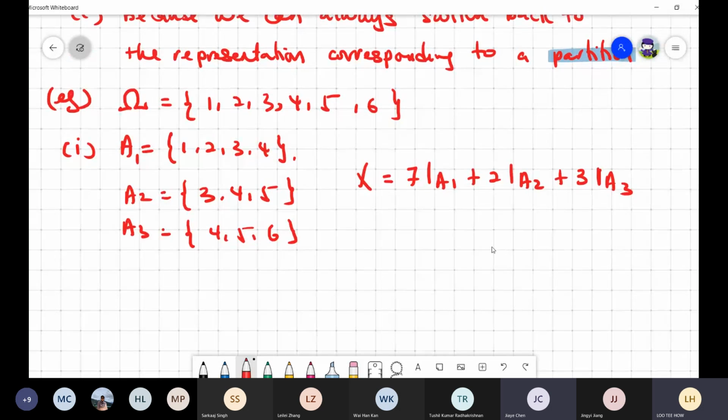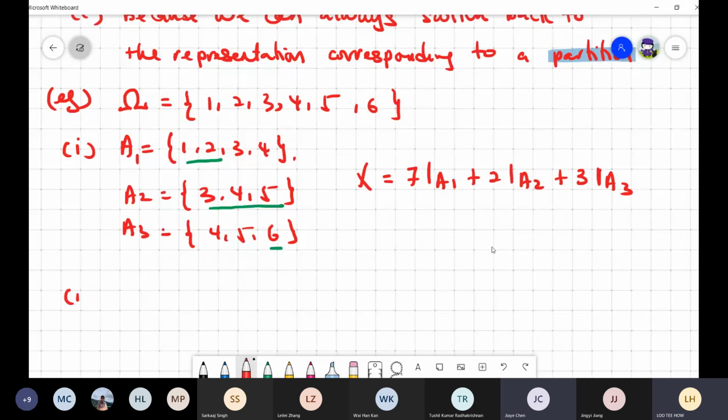So from here you can see, if you look at this, you can split it into another representation with disjoint sets. So we have 1, 2, 3, 4, 3, 4, 5, 4, 5, 6, and we can make it disjoint. We consider 1 to 2, 3 to 5, and then 6.